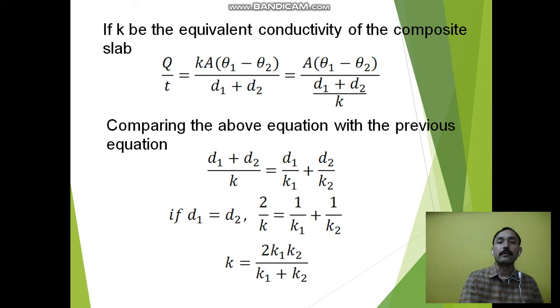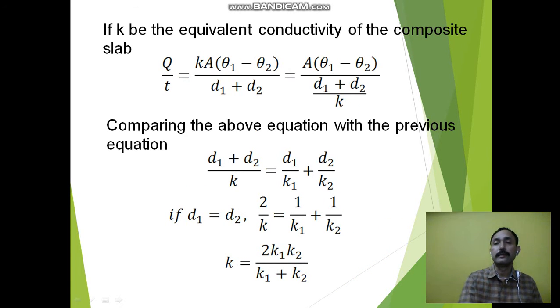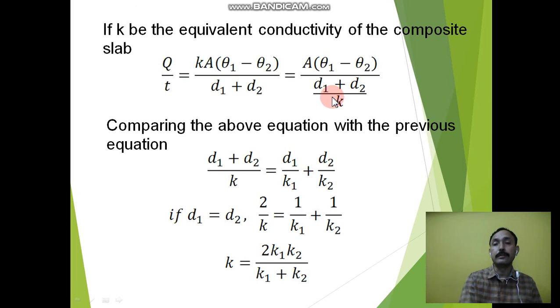Comparing this equation with the previous equation, A (θ1 minus θ2) is the same for both, and here we have d1 by K1 plus d2 by K2, and there (d1 plus d2) by K. So (d1 plus d2) by K is equal to d1 by K1 plus d2 by K2.